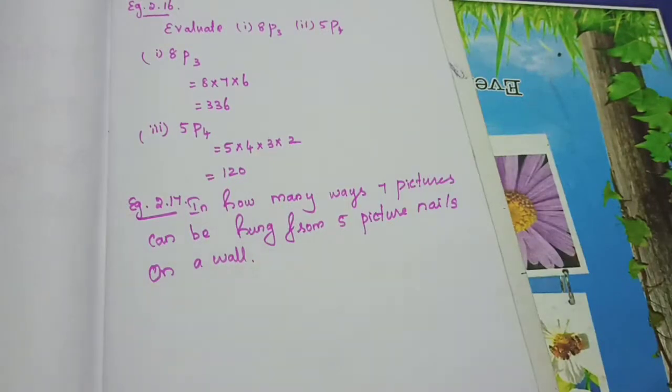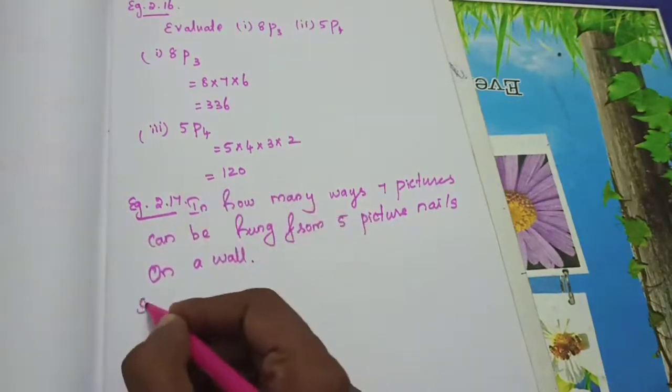How many ways 7 pictures can be hung from 5 picture nails on a wall? Okay, so 7P5. Seeing the question itself, you come to know that 7 pictures can be hung from 5 picture nails. So 7P5. But you need to write one step, that is the solution.